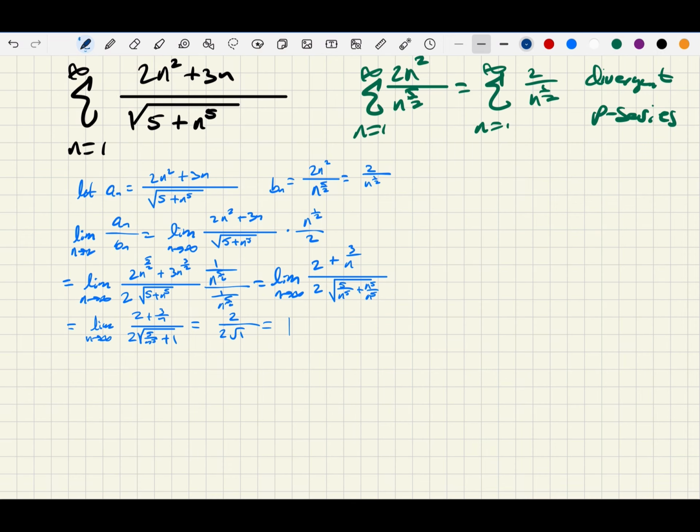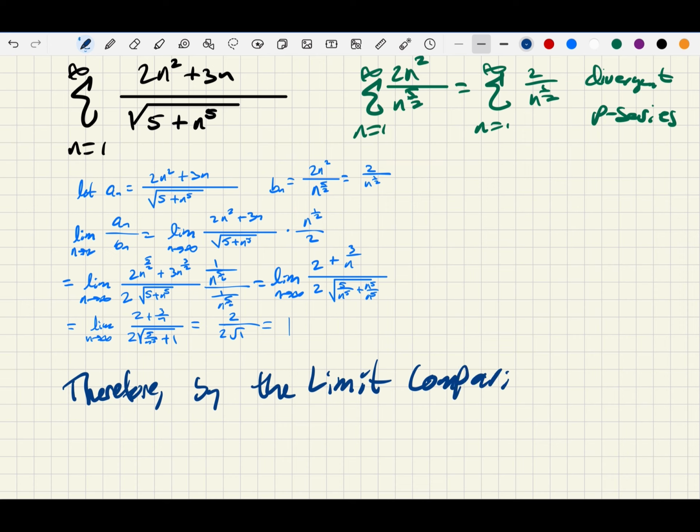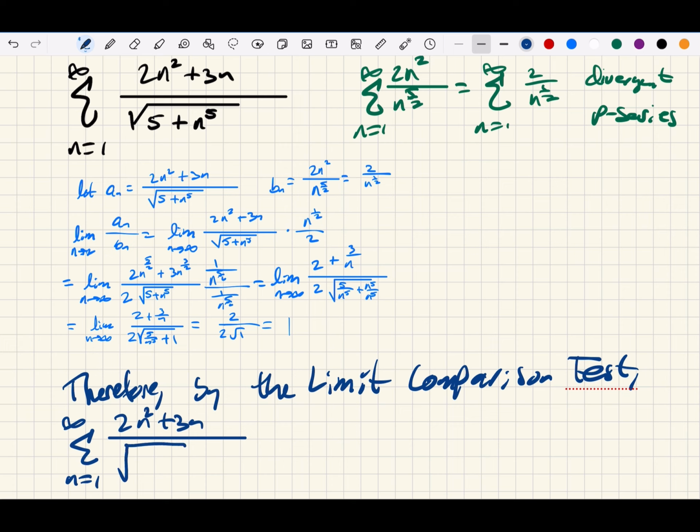We can say, therefore, by the limit comparison test, sum n equals 1 to infinity of 2n squared plus 3n over the square root of 5 plus n to the 5th diverges.